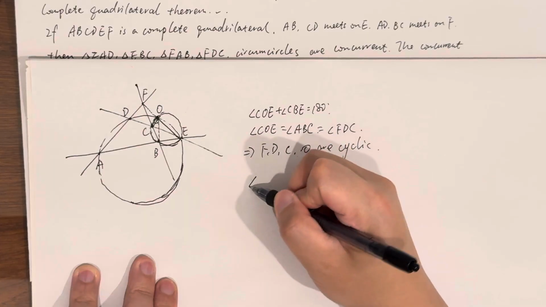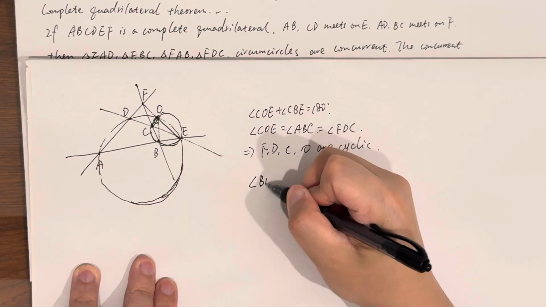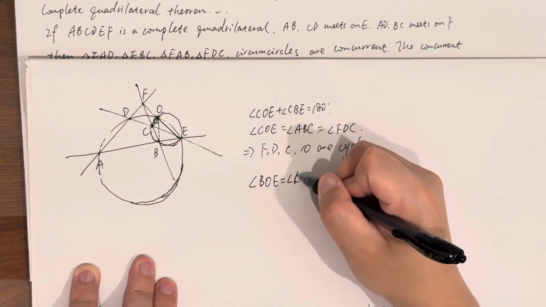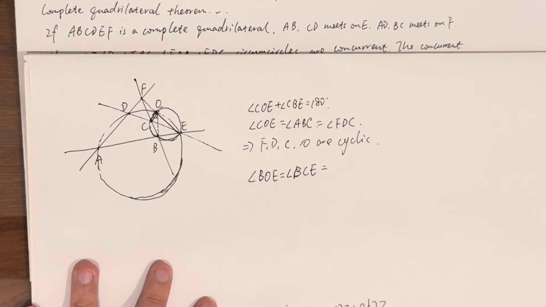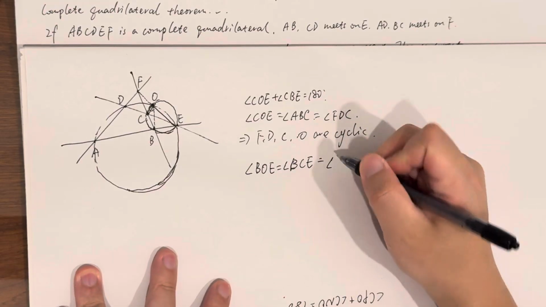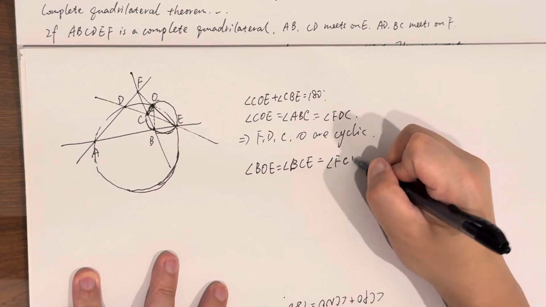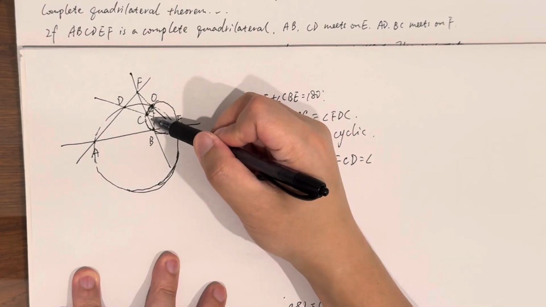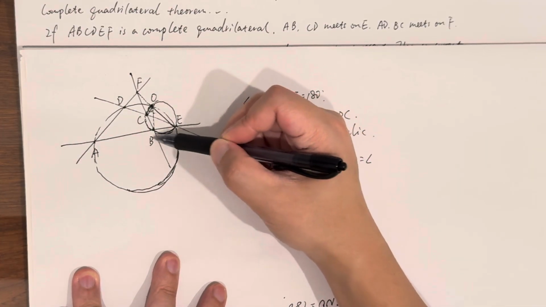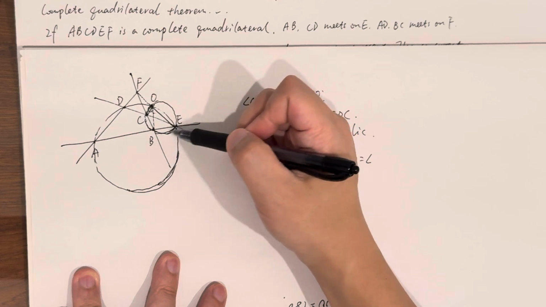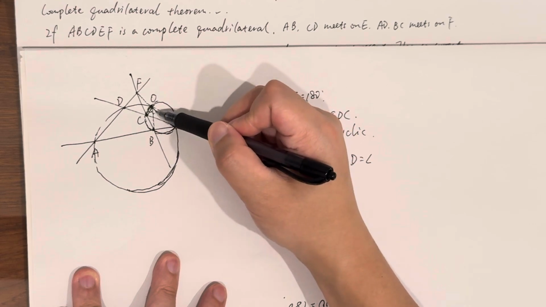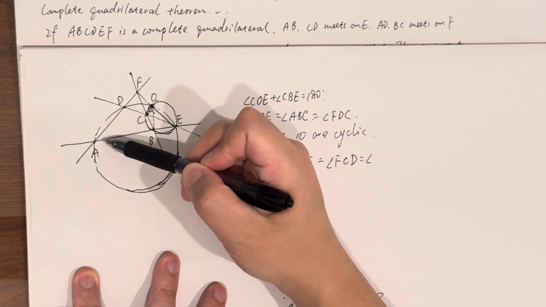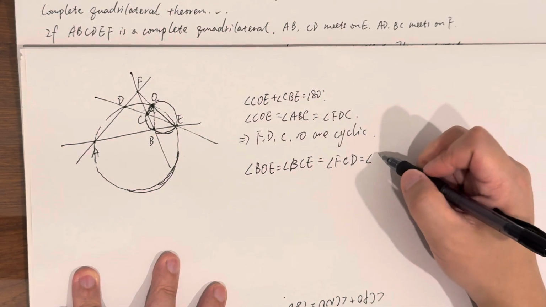Basically, we know that angle BOE equals angle BCE, which equals angle FCD. This one equals this one, right? Because they are all on the circumcircle of triangle BCE. This angle equals this angle equals this angle. And this angle equals angle FAB, or angle DAB.